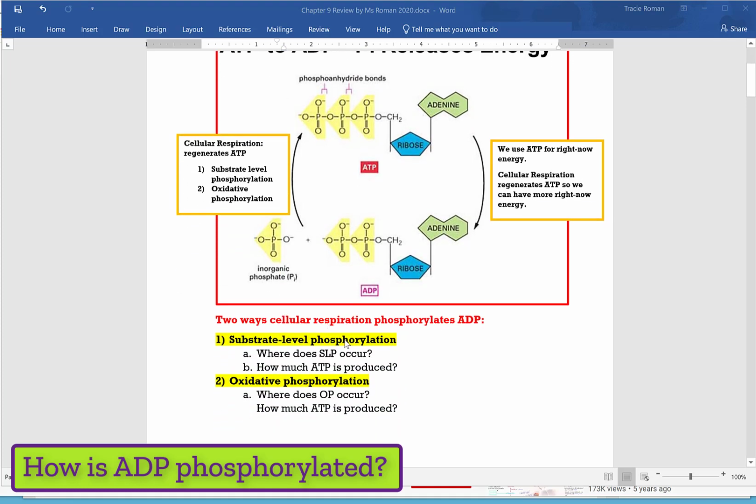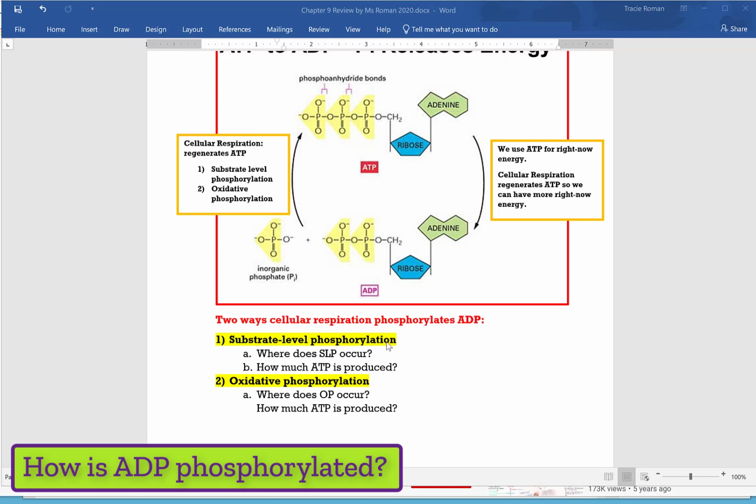So those are the two ways that ADP is rephosphorylated during cellular respiration. For this class and for this test, you don't need to know a ton about these processes, but you do need to know where they occur and how much ATP is produced.